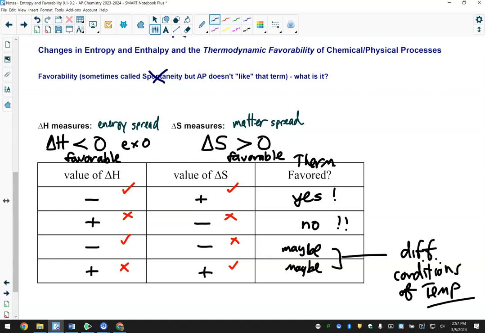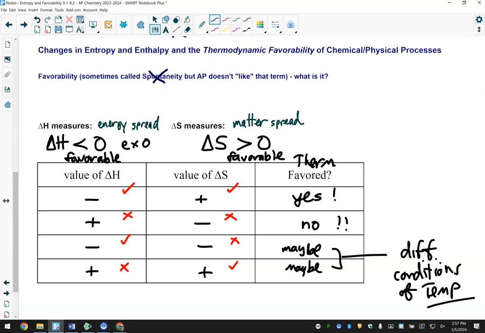So I always think of when the signs of delta H and delta S are the same, we're going to need some more information. You know what that more information is? Next lecture. Okay? We're going to calculate. We're going to take the value of delta H for a reaction, the value for delta S, and combine them into an equation.